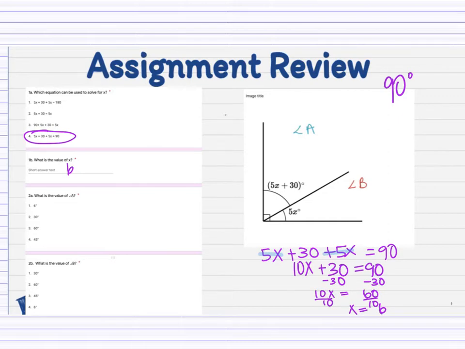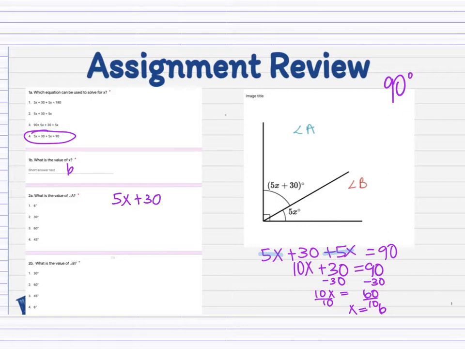In question 2a, what is the value of angle A? So if I look at angle A, it tells me that it is 5x plus 30. So I'm going to replace the x there with 6 since we got x equals 6. So angle A is 5x plus 30.